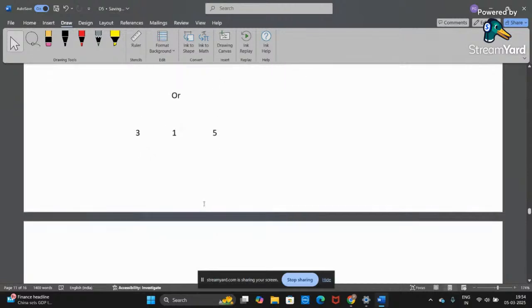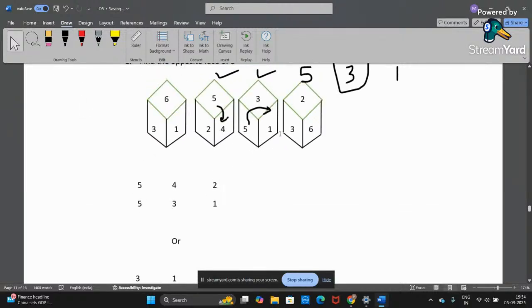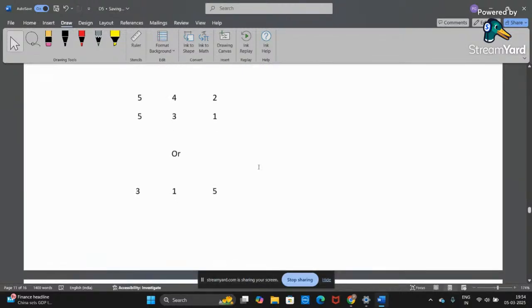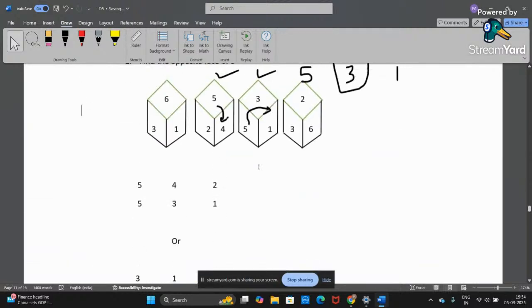We can compare 315 with 326. Even here we have only one number in common, so if we compare this also, we'll get the same answer. 3 clockwise, 315.